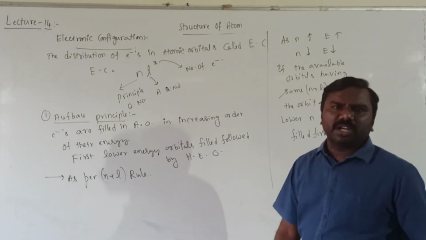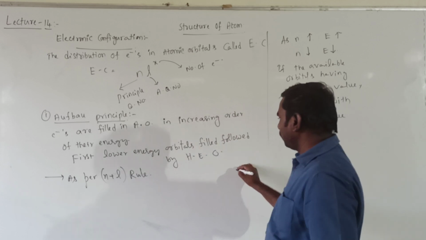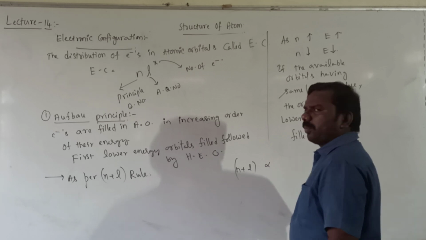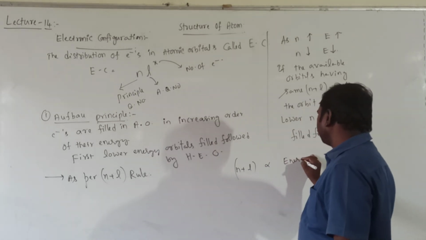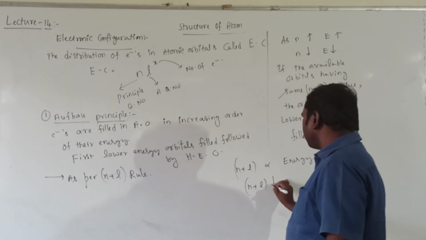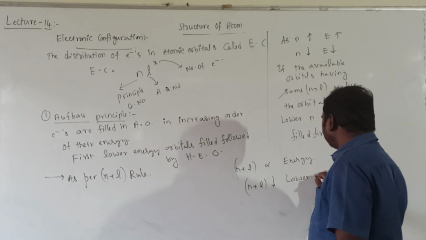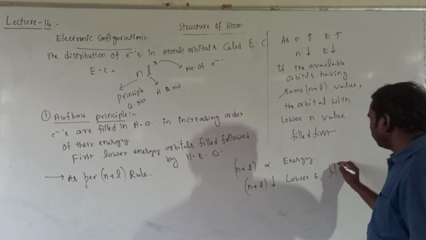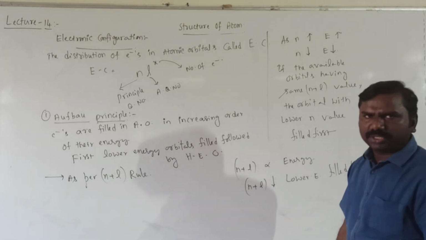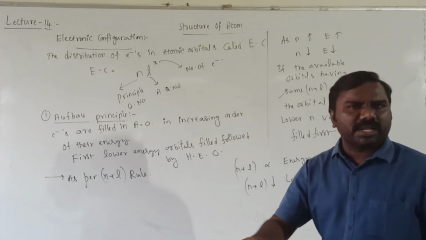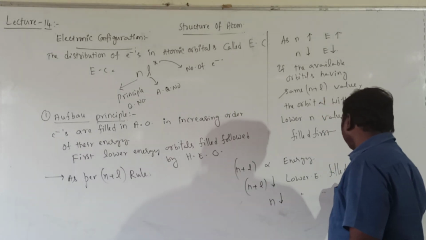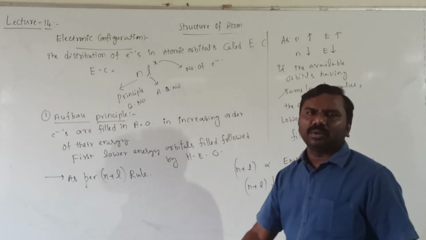No need to remember statements, students, just observe. n plus l value is directly proportional to energy. As n plus l value decreases, lower energy is filled first, followed by higher energy. If both have the same n plus l value, then the one with lower n value, lower energy, is filled first. This is the rule, students.